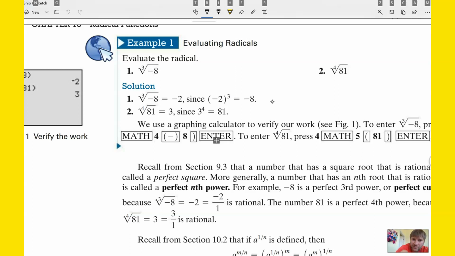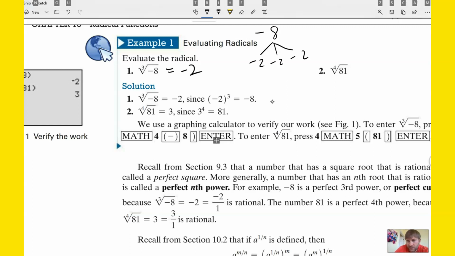So, like if it's -8, we're trying to figure out what 3 things multiplying together give you -8. And it would be -2, -2, and -2, right? -2 times -2 is +4, and then 4 times -2 is -8. So the cube root, this is called a cube root or a third root of -8, is -2.